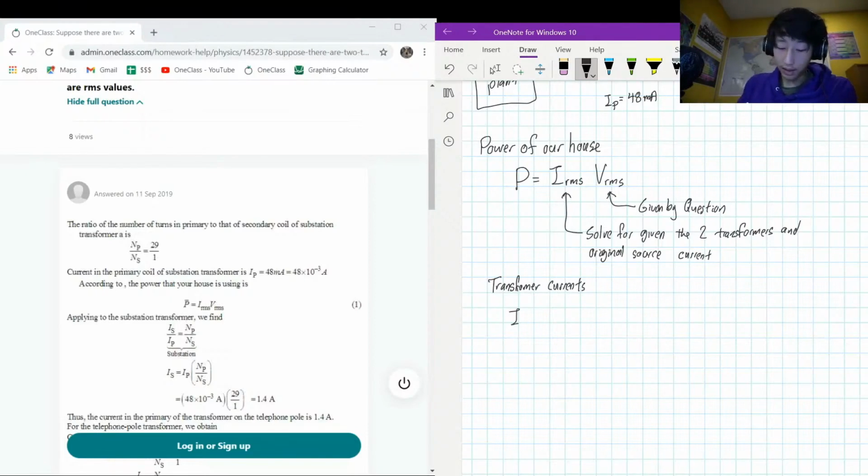So IS over IP is equal to NP over NS. P represents primary. Most of the time we'll use primary as the input, and secondary, the S, is the output. So if we want the secondary as a function of the primary, IS is equal to IP times NP over NS.